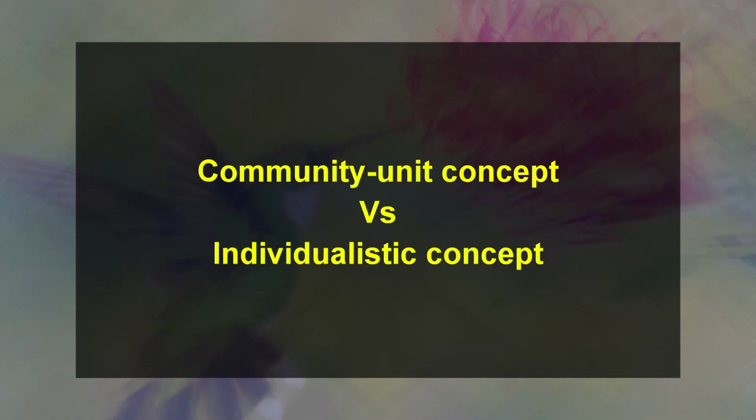After discussing the historical background of the community concept, now let us try to find out the difference between the community unit concept and the individualistic concept. The community unit concept versus the individualistic concept.